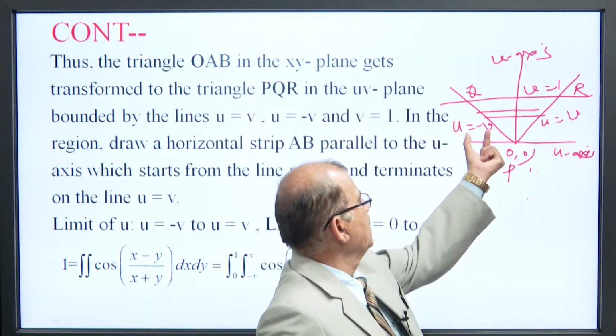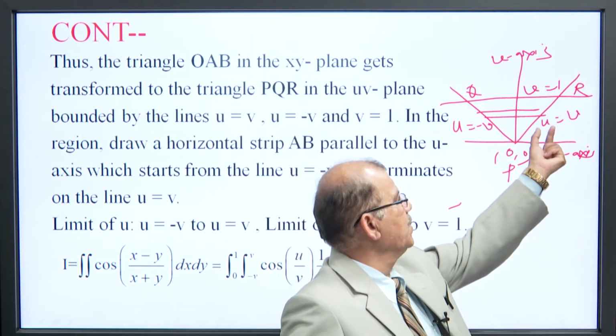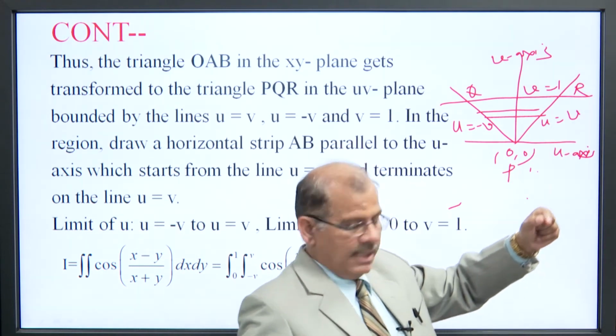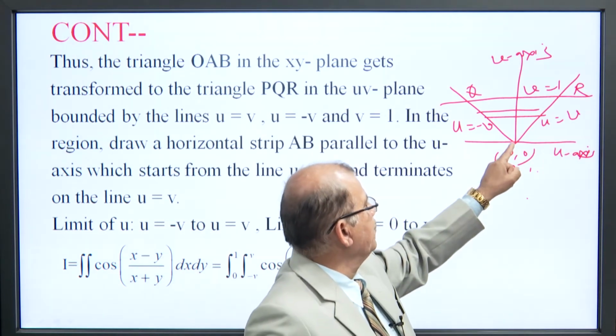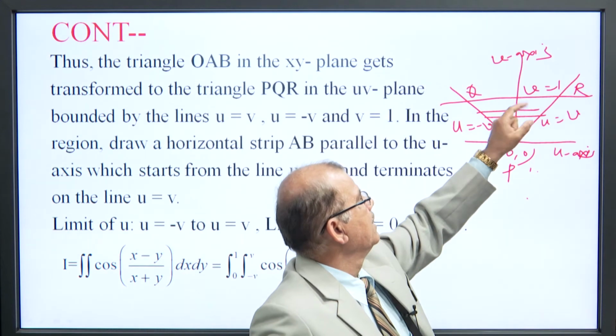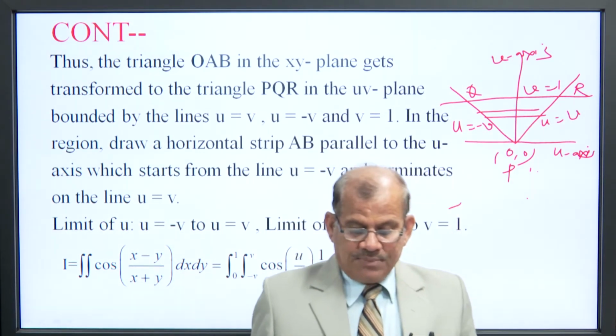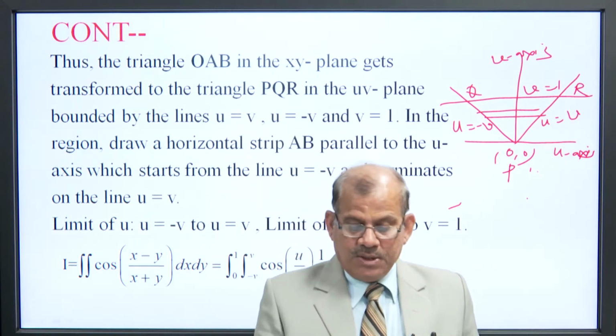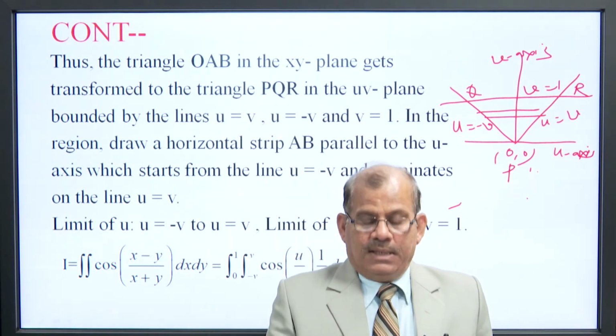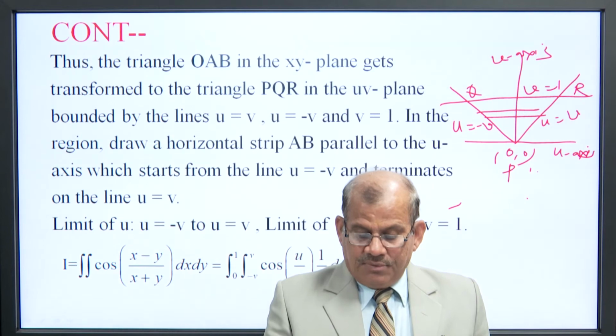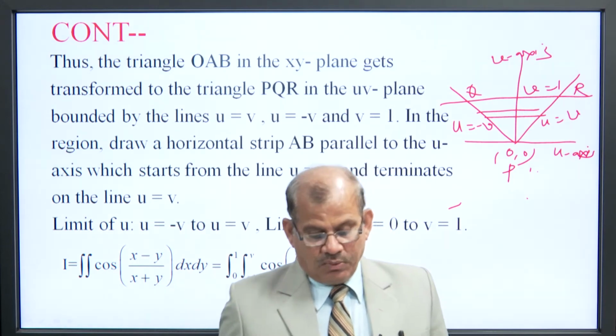Means the lower limit of u is minus v, upper limit of u is v, and the lower limit of v is 0, upper limit of v is 1. Here the limit of u is u is equal to minus v to u is equal to v, limit of v is v is equal to 0 to v is equal to 1.